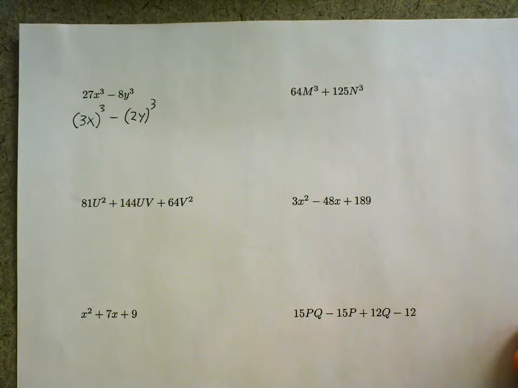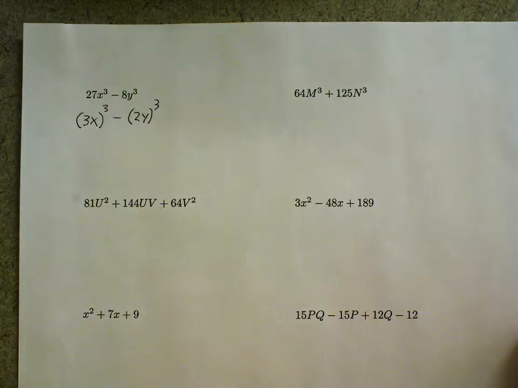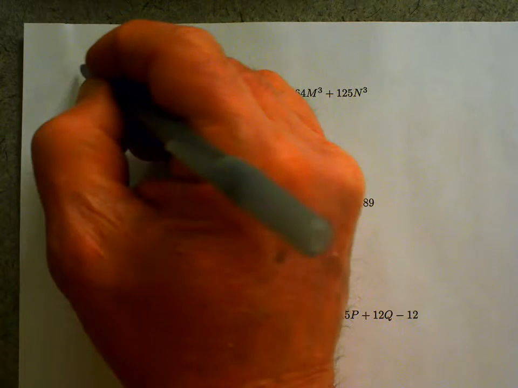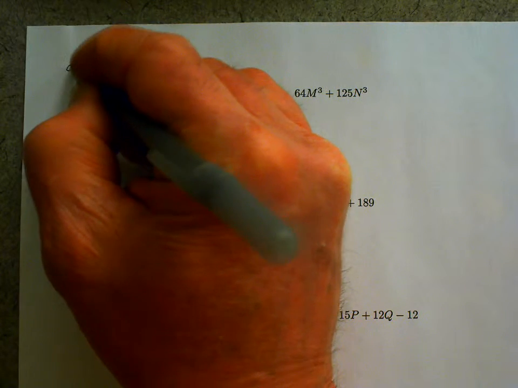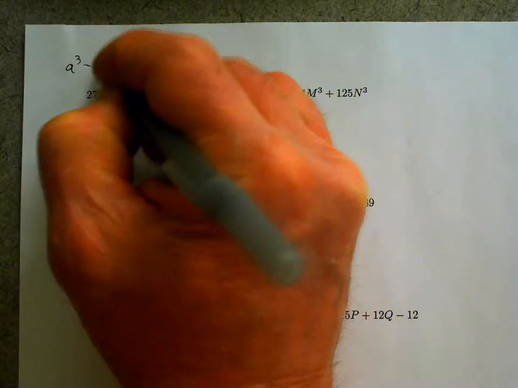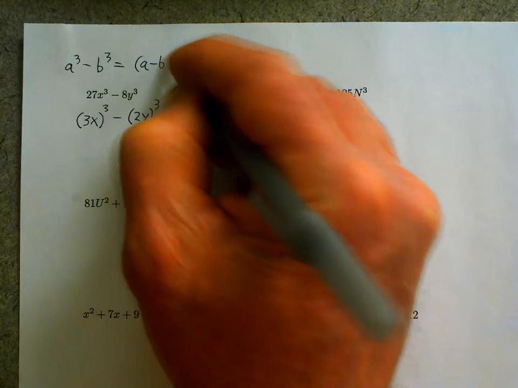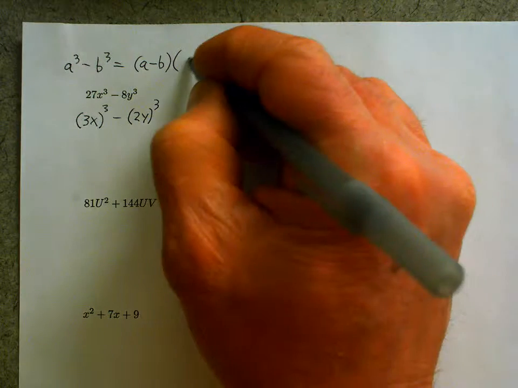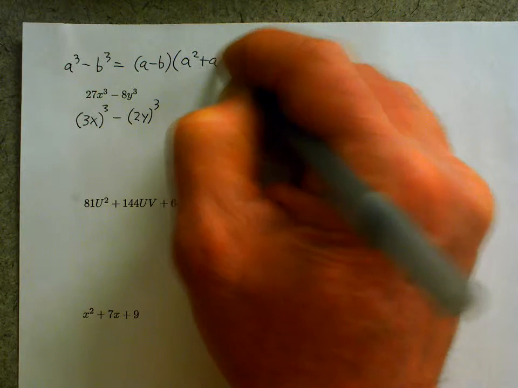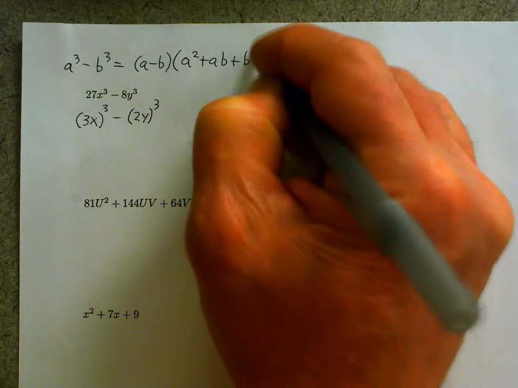And then apply the difference of cubes factoring formula. I'll rewrite that up here, a to the third minus b to the third. The binomial a minus b is a factor, and then the trinomial a to the second plus ab plus b to the second.